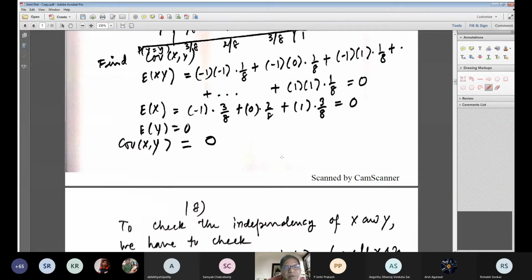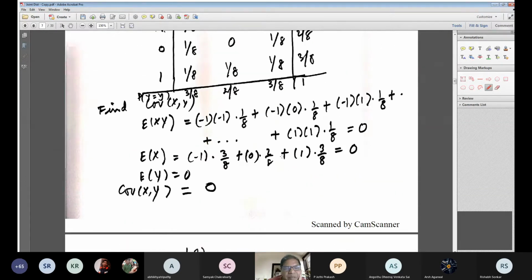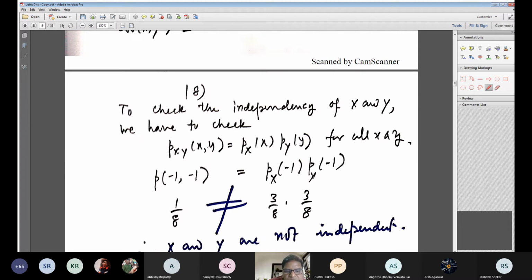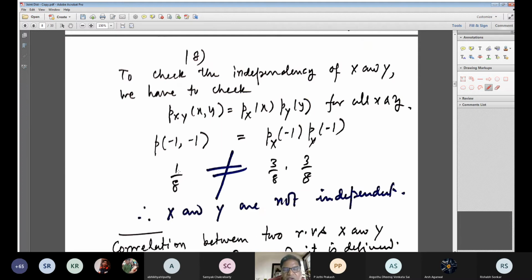If you look at the table, this value is 1 by 8, whereas for x taking minus 1, this probability is 3 by 8, and for y taking minus 1 it is 3 by 8. If you substitute here, you can see that it is not equal.